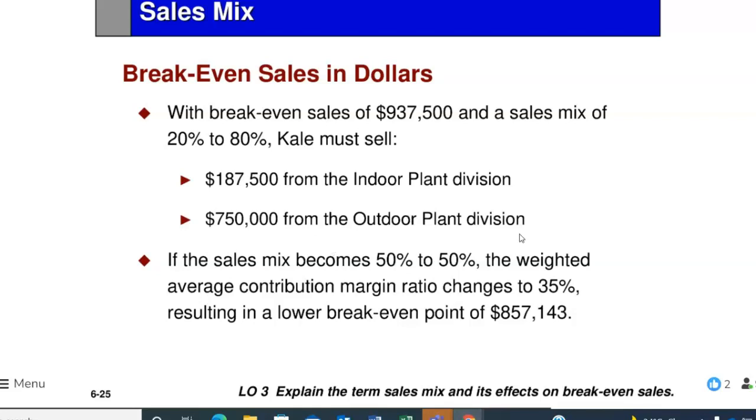Now you can see if the sales mix changes, then the weighted contribution margin ratio will change and give a lower break even.